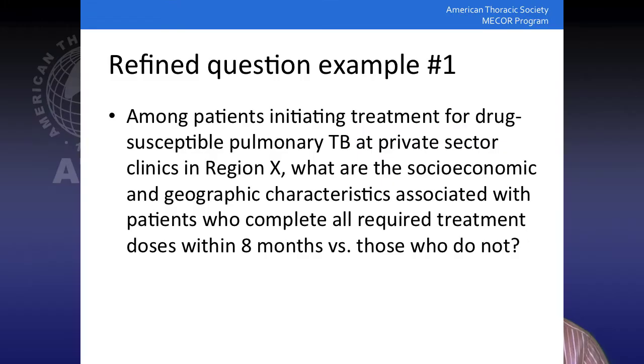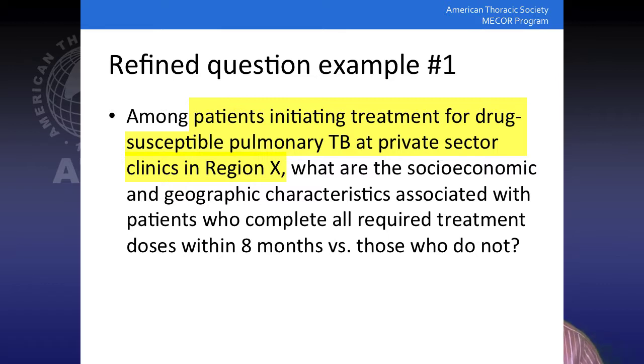successfully completing treatment. So I'm going to go through a few examples of how the original question might be refined depending on the population, the exposure, the comparison, and outcome that you might be interested in. So for example, among patients initiating treatment for drug-susceptible pulmonary TB in the private sector clinics in Region X, what are the socioeconomic and geographic characteristics associated with patients who complete all required treatment doses within 8 months versus those who do not? So here, the population is patients initiating treatment for drug-susceptible pulmonary TB at private sector clinics in a specific region.